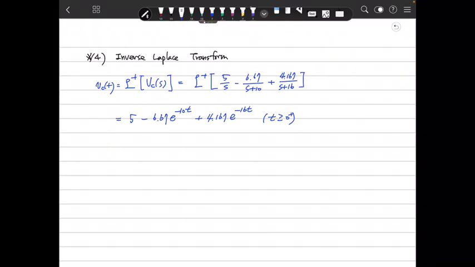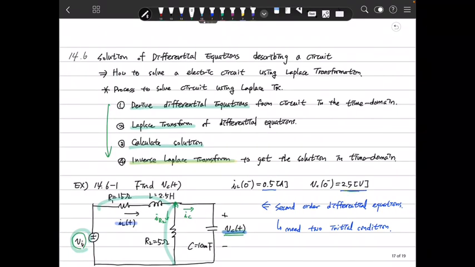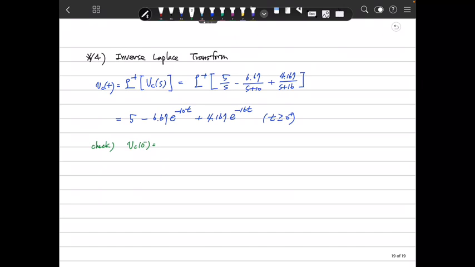So to check this variable in the problem, the initial value of VC in the problem was 2.5. So we need to check the variables.